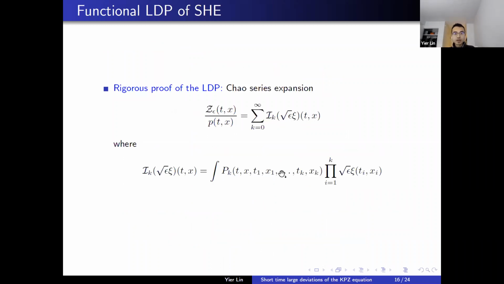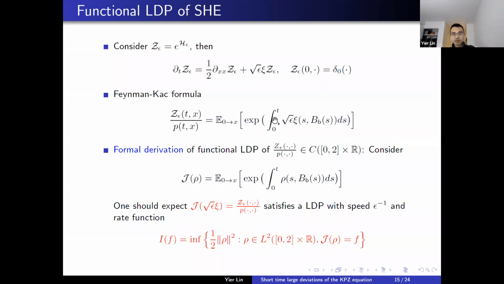The idea is that if you look at this formal expression, you can make sense of it in terms of a chaos series expansion, which corresponds to Taylor expanding this exponential here. Then for the series in your Taylor expansion, you interchange the expectation, the stochastic integral, and the integration.